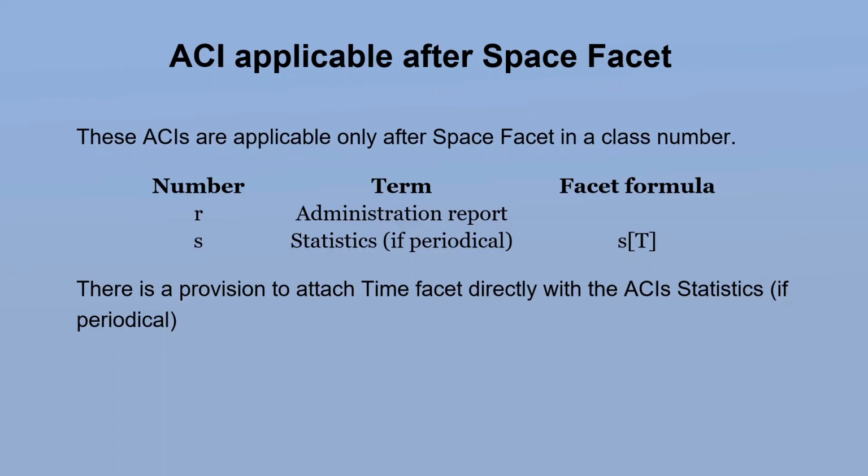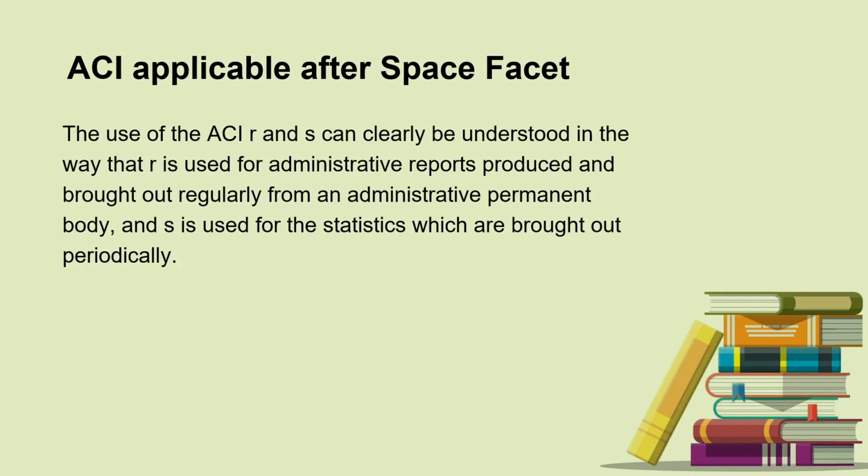There is a provision to attach time facet directly with the ACI statistics. The use of the common isolate R, that is administrative report, and S, that is statistics, can clearly be understood in the way that R is used for administrative reports produced and brought out regularly from an administrative permanent body, and small s is used for the statistics which are brought out periodically.